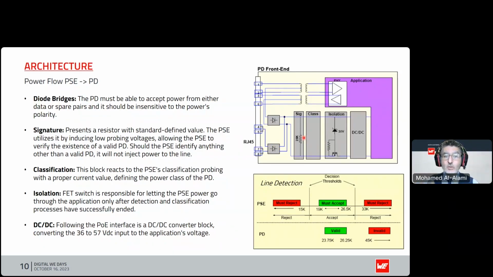If it sees that 25 kilo ohm resistor, it identifies the PD as a valid PD to release power to, or to inject power to. So that's the first level of verification. As you'll see me talk about later as well, there are now single event signatures and dual event signatures, single signature PDs and dual signature PDs, I should say.